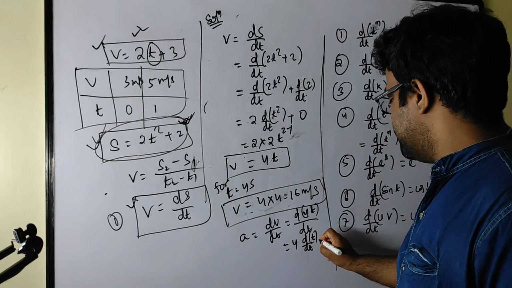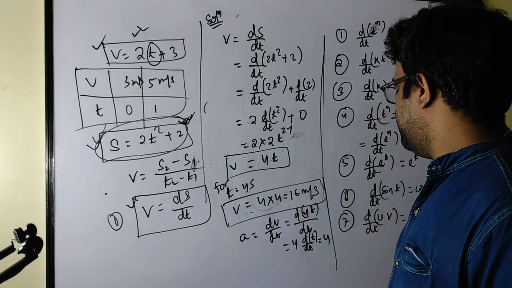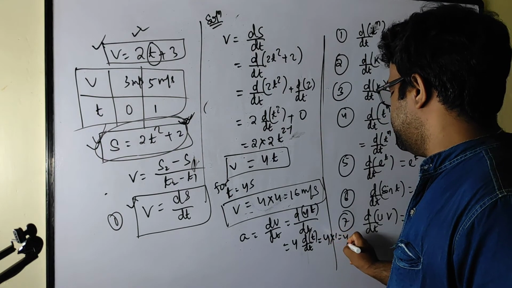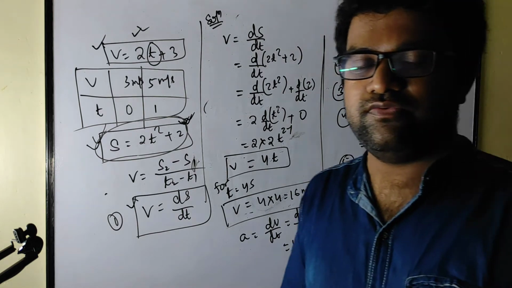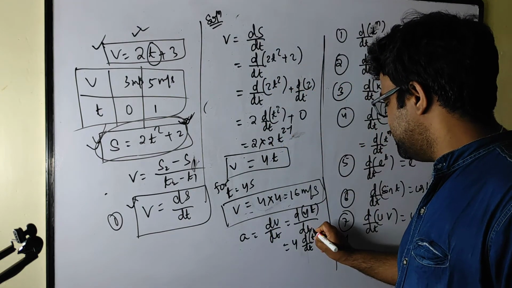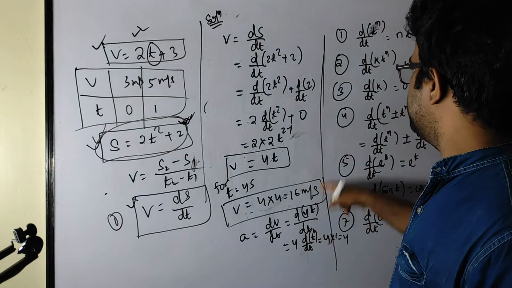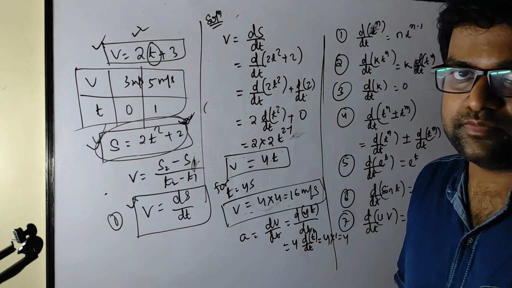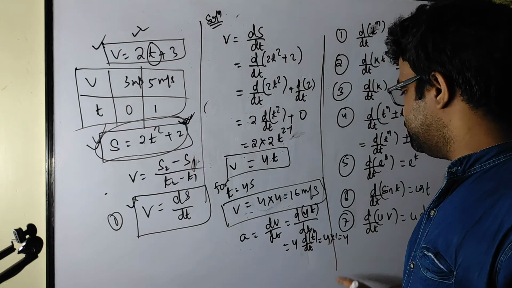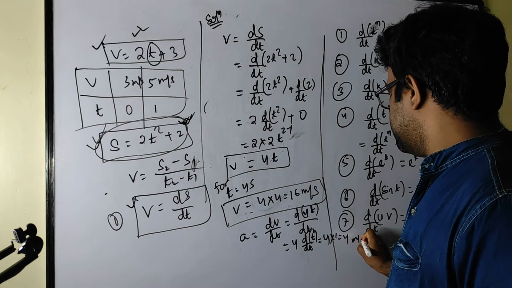So it is 1. You can use the first formula. So this will be 4 into 1, that is 4 meter per second square.